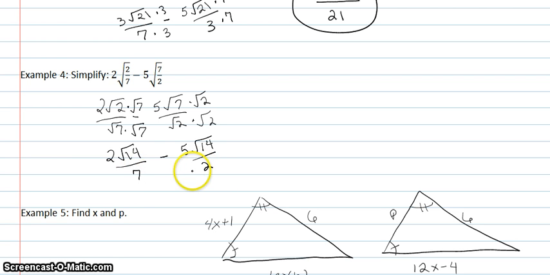Our common denominator would be 14, so I'm going to need to multiply the top and bottom by 2 on the first fraction, and by 7 top and bottom on the second fraction.